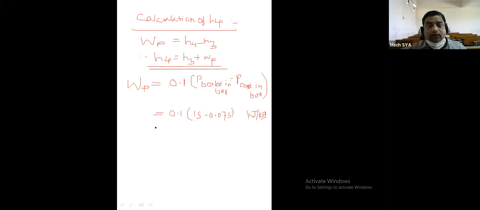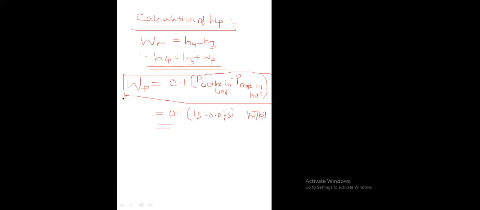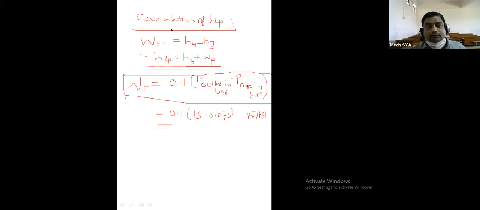What is the value? Anybody? This formula everybody has to remember. You write it down in your notebook also. In every numerical we use this: pump work is equal to 0.1 into boiler pressure in bar minus condenser pressure in bar. Someone got the answer 1.4925. The answer is what?